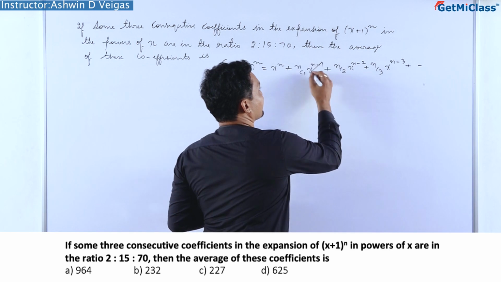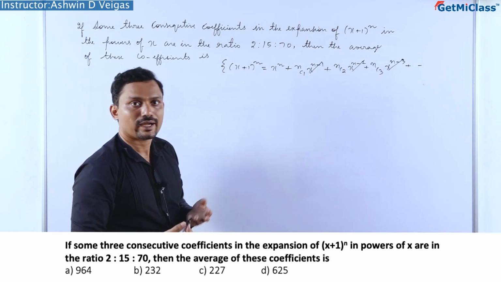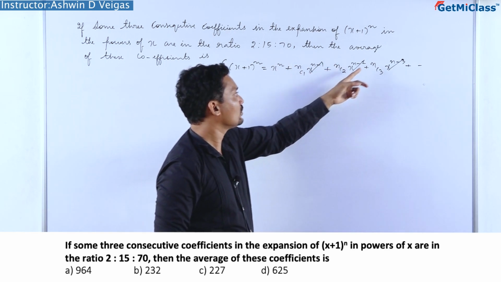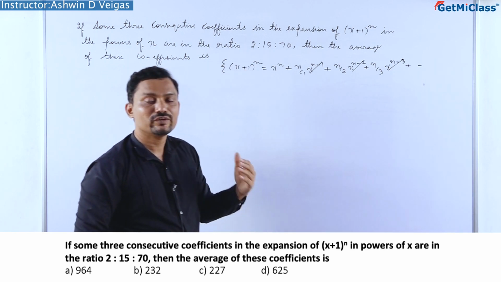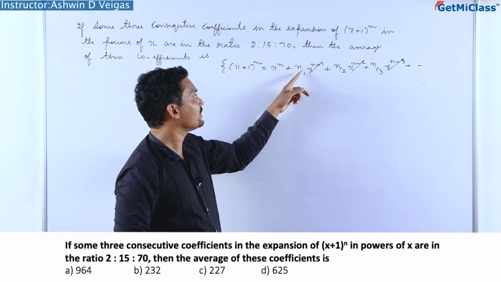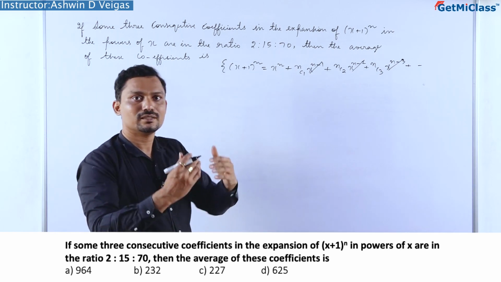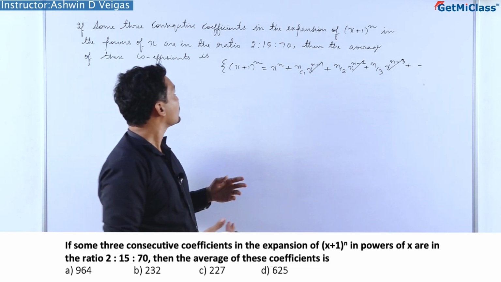If you forget x terms, what remains is the coefficients, and they are of the form nC1, nC2, nC3 or nC2, nC3, nC4. So, the coefficients will always be of the form nCr, nC(r+1), nC(r+2). This is how the consecutive coefficients are there.